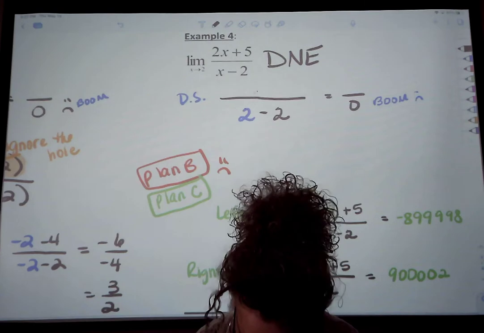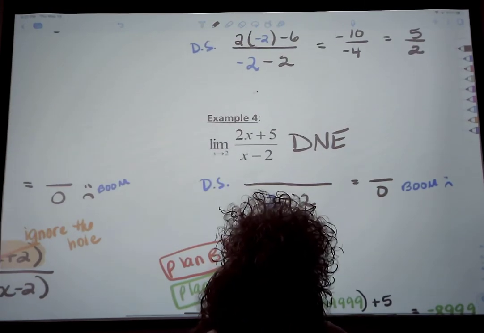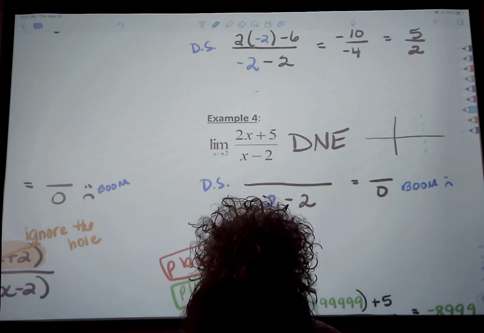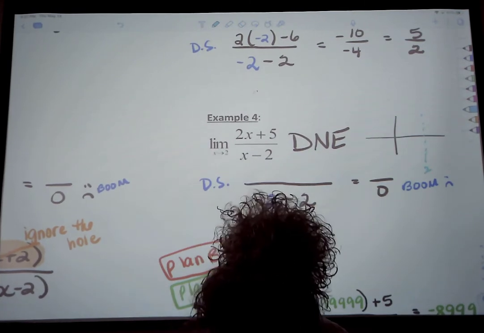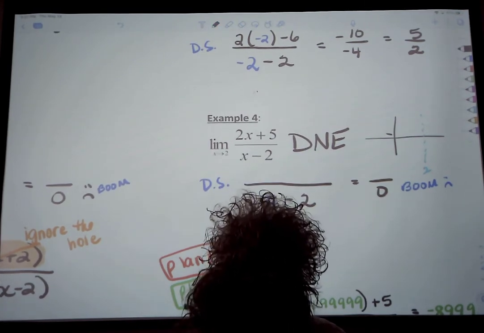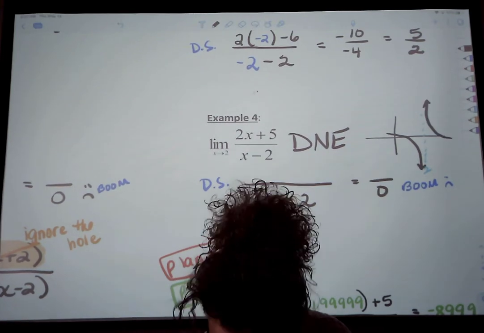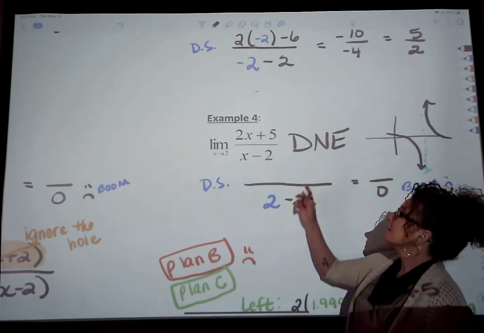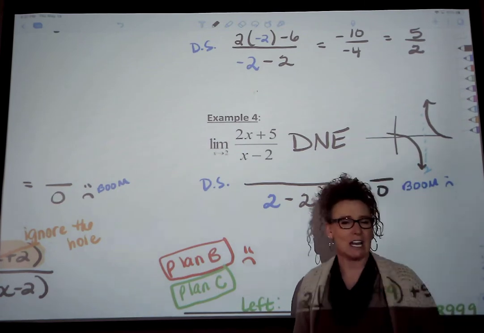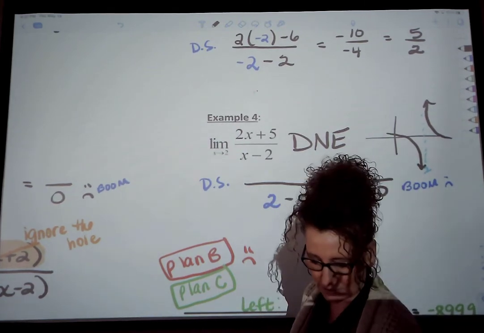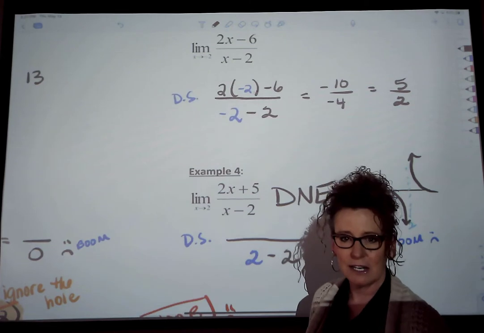In fact, if you have a function that's headed down super far on one side and up super far on the other side, it means you have an asymptote at x equals 2. Does that make sense?